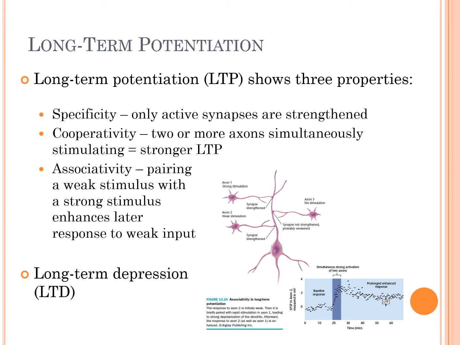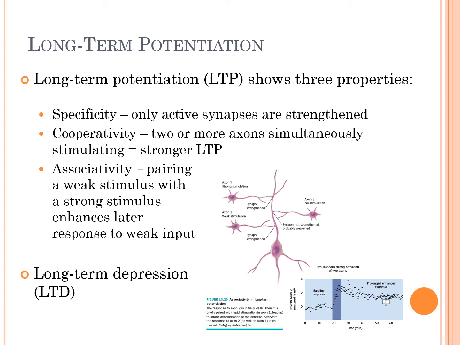The other thing that Kalat is showing in this diagram is the figure at the bottom, which is showing time and how the baseline response of the postsynaptic neuron to the tone is very low. So this is to my axon 2, to my weak synapse there.